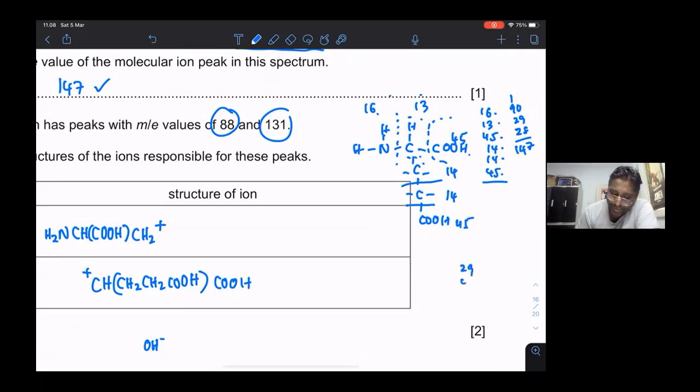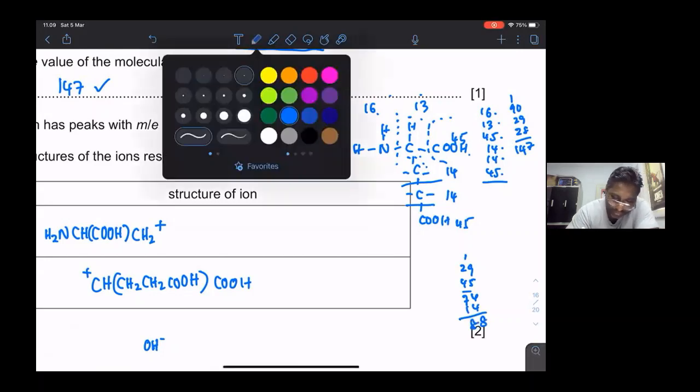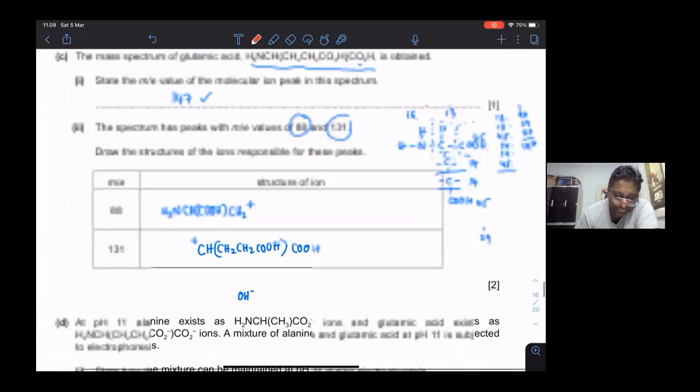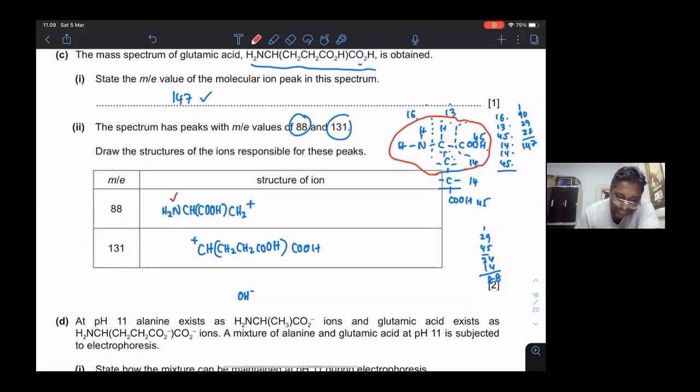If I add 45, that's 74. And then this CH2, if I put 14, that's 88. So up to here is the one that will give me 88. So I just need to write down NH2, CH, COOH, CH2, and then put plus.